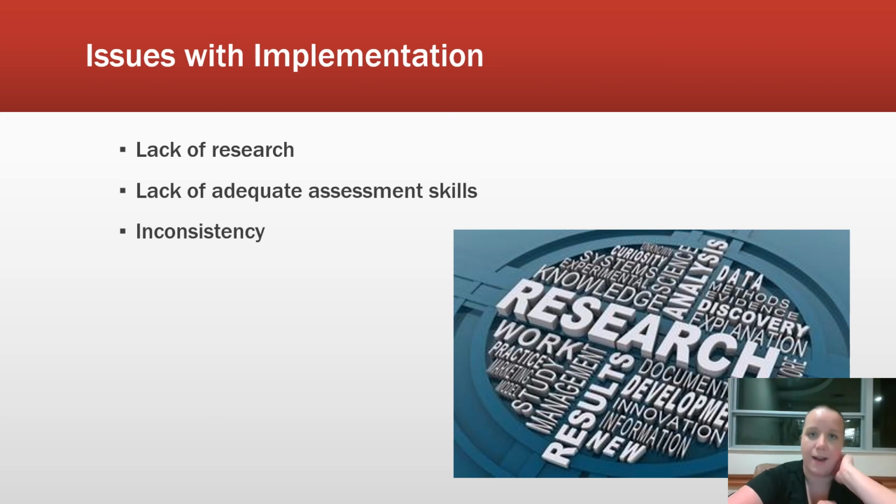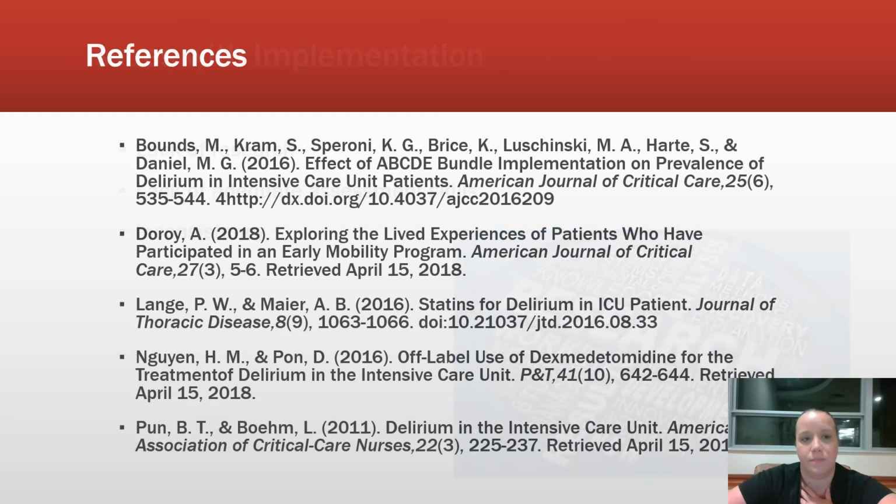People that have issues with alcohol abuse or drug abuse or liver issues, people that already have impaired cognition prior to admission to the hospital, these patients are just going to be more likely to get delirium, and there's not a whole lot that we can do about it. But if we're more consistent in all of our assessments and treatments, then our patients will have far better outcomes.